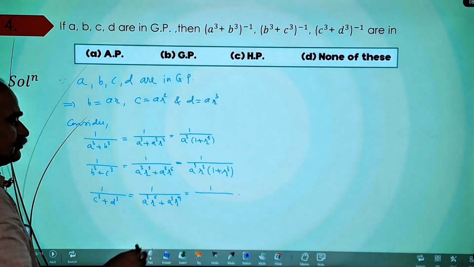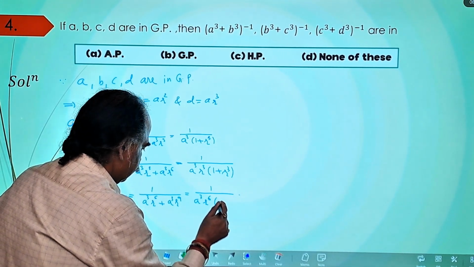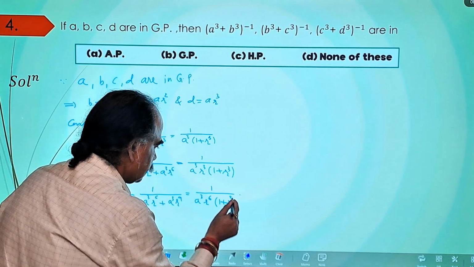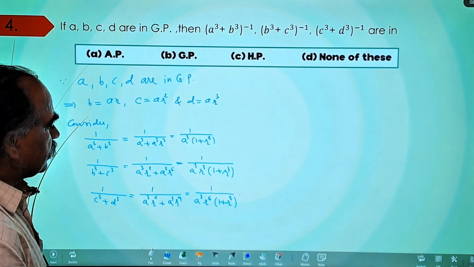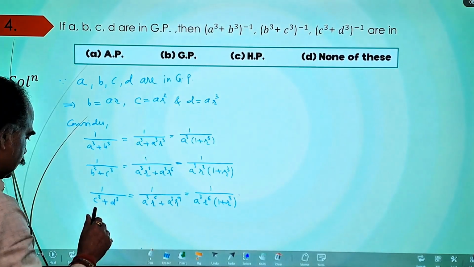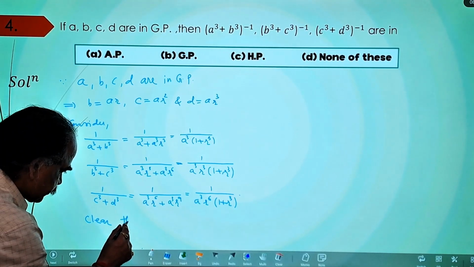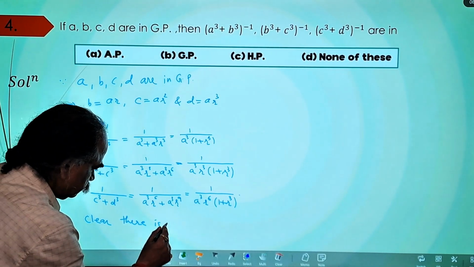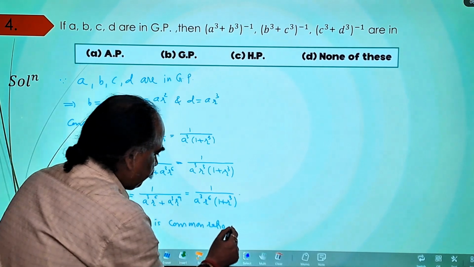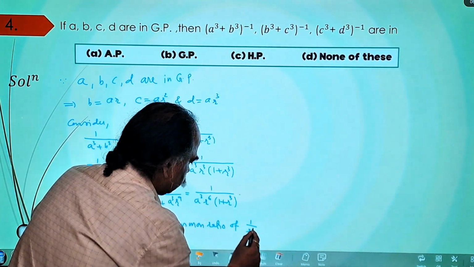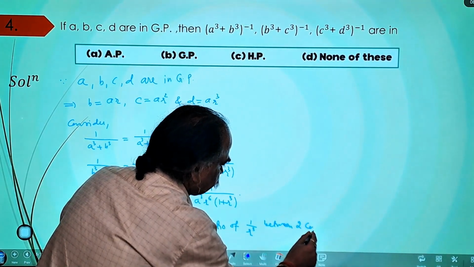We can take a cube r raised to 6 common. So 1 plus r cube. Now this upon this will give you what? 1 upon r cube. Clearly, there is a common ratio of 1 upon r cube between two consecutive terms.